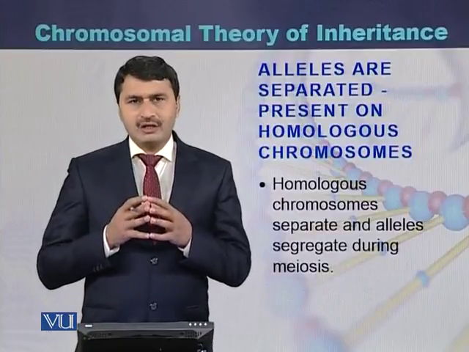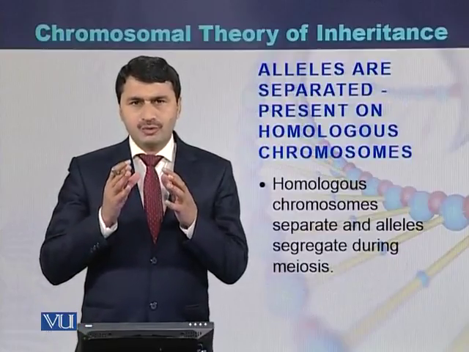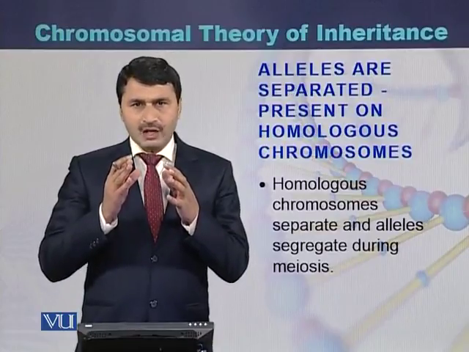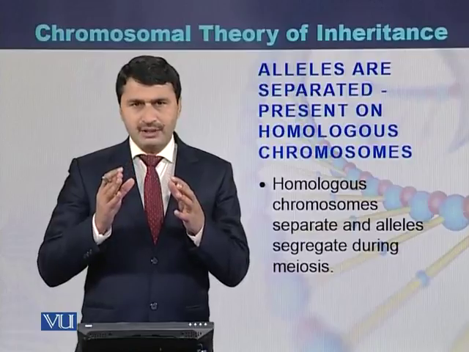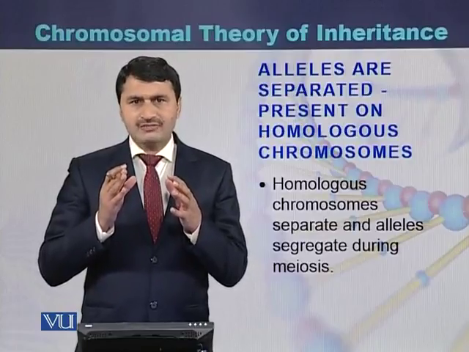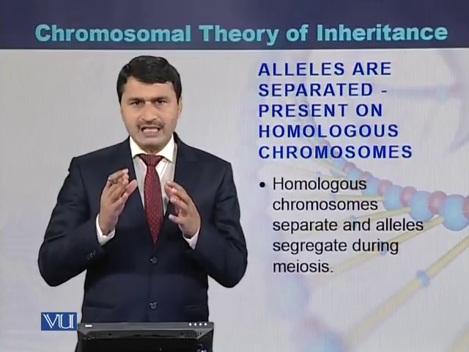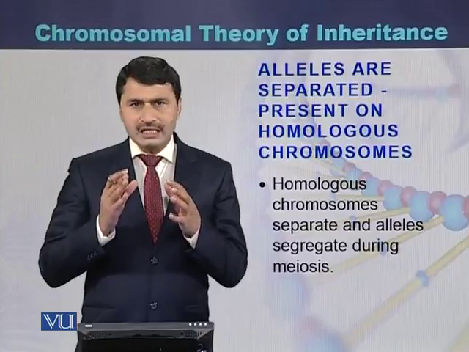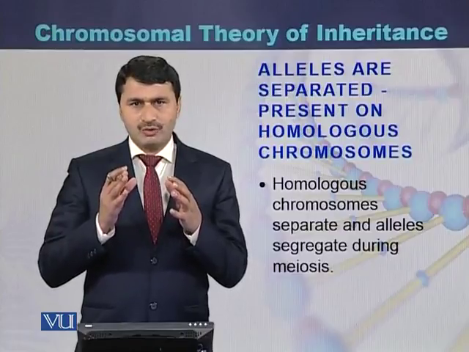Alleles are present on the chromosomes. Chromosomes are in the form of homologous pairs. When the homologous chromosomes separate during meiosis, the alleles will also separate, because each gene consists of two alleles and alleles are present on the chromosomes.